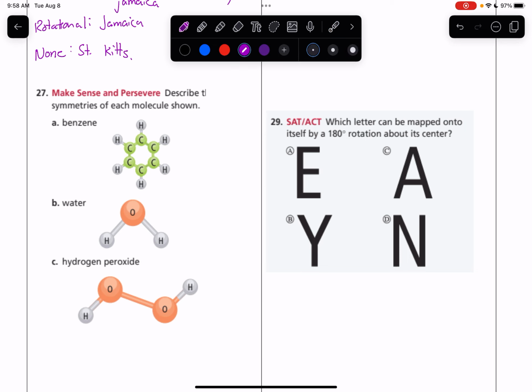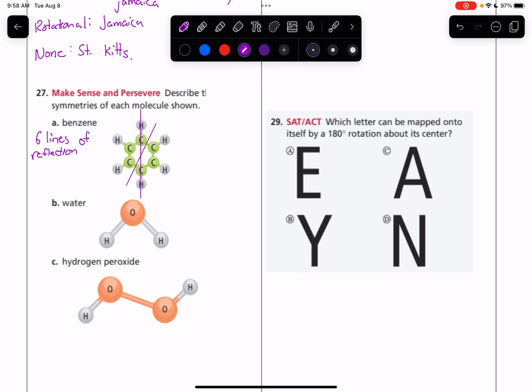So benzene, for its reflection, it's got 6 lines of reflection. Lines of reflection, a line through every point like this, as well as lines through every space like this. Right? It's got more than that, of course.